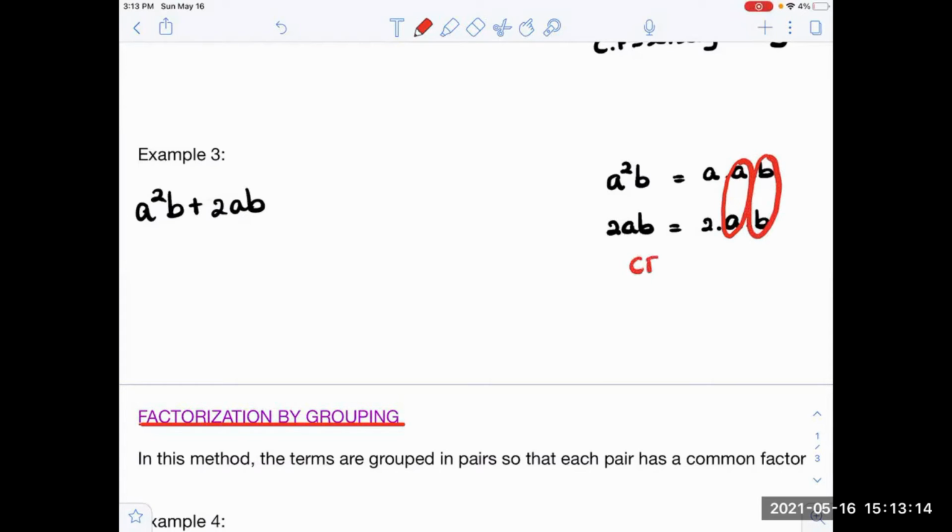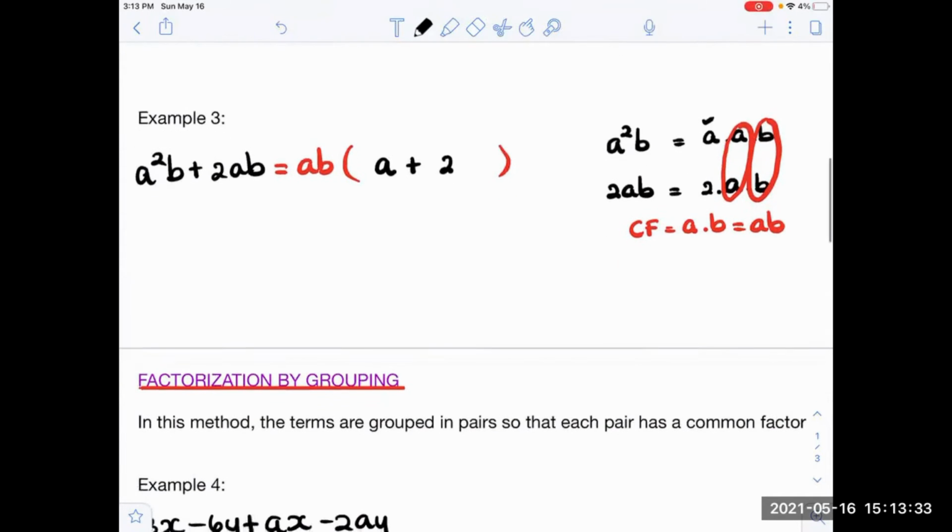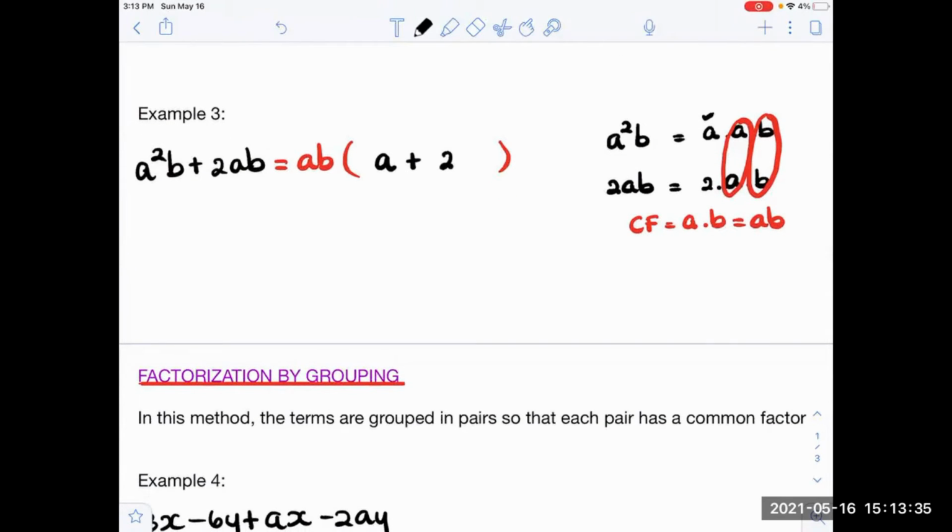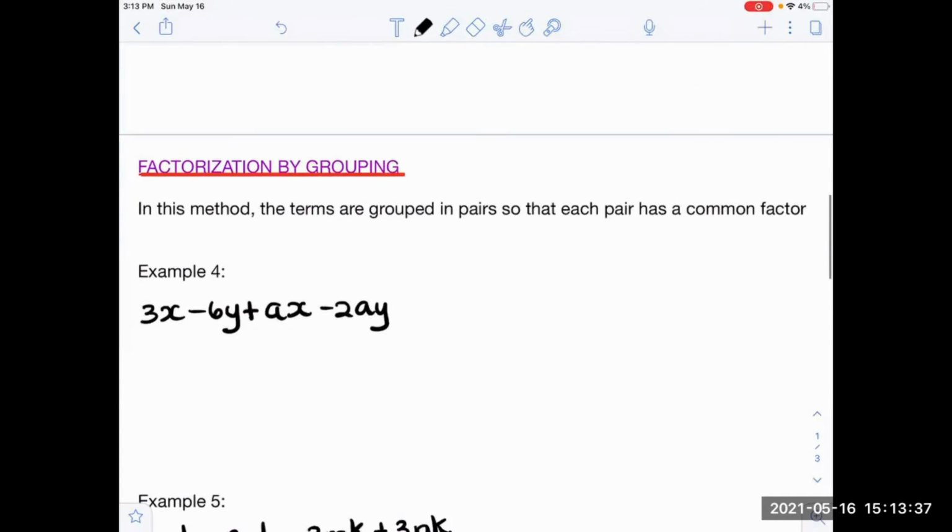So the common factor, a multiplied by b, which is simply ab. So that goes outside of my bracket. Whatever was not circled goes back in. For my first term, I have a, plus. For my second term, I have 2. And when multiplied together will give me the original expression.